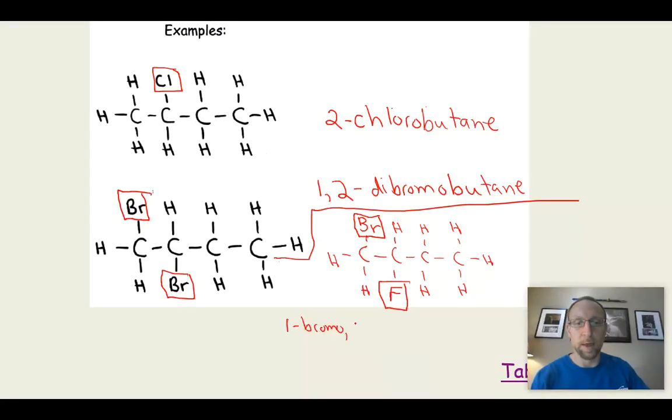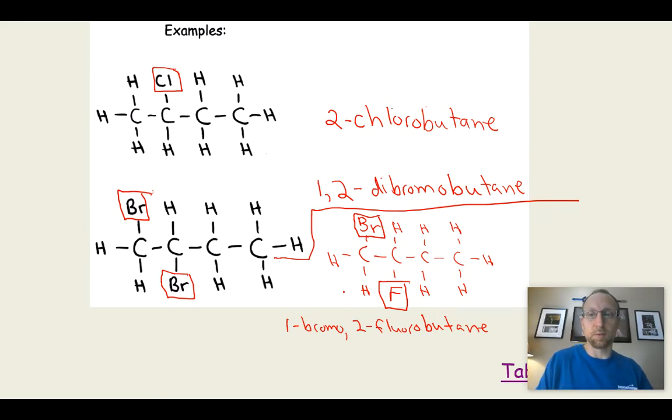And then on the 2 carbon, I have a fluoro. And again, it's still a 4-carbon alkane. So it's butane. So this would be 1-bromo-2-fluorobutane. That's about as hard as that's going to get. So those are the halides, right?